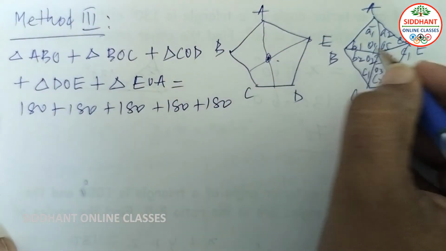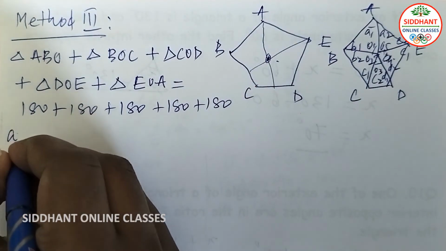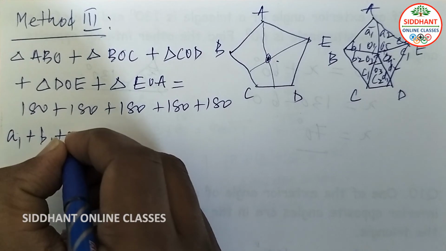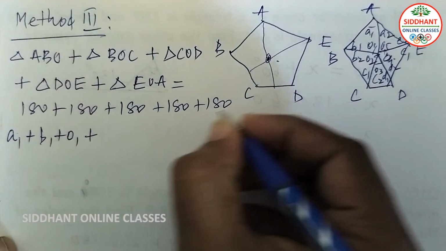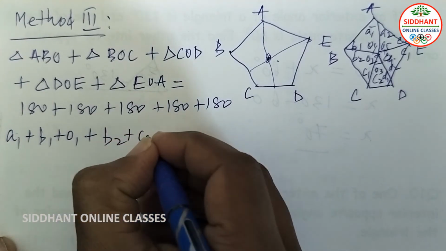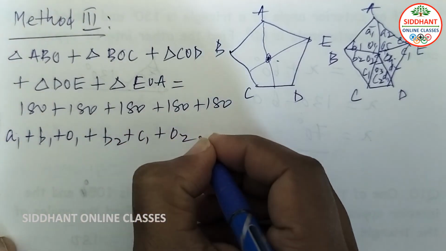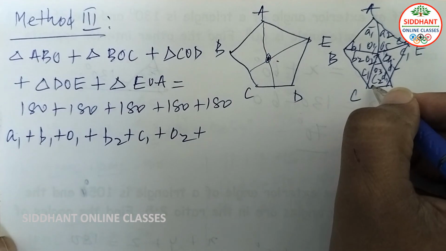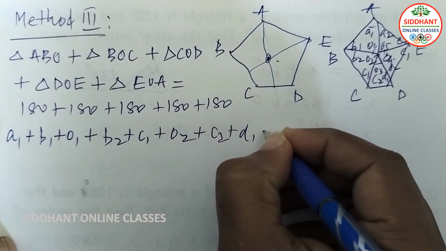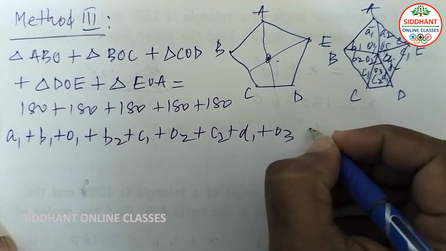So now we have the angles here, which is A1 plus B1 plus O1. Next B2 plus C1 plus O2. Next C2 plus D1 plus O3.